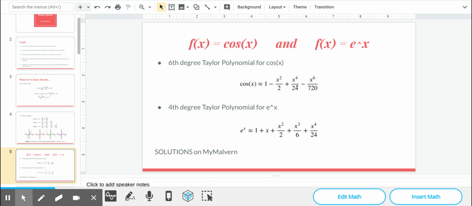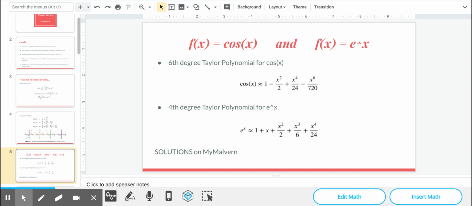If you're not sure where these numbers are coming from, please pause the video right now, go to my Malvern under topics, under power series, and you'll see pictures of these two solutions worked out. If you have questions on those, please put them in the Google Doc, or send me an email, to make sure we're getting your questions answered. I can try to answer you directly or give you a little guidance.